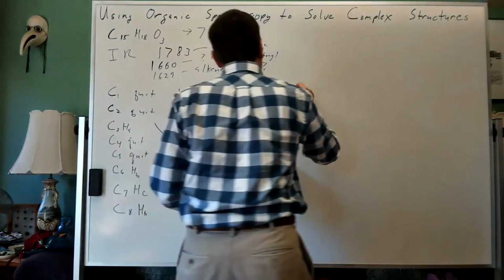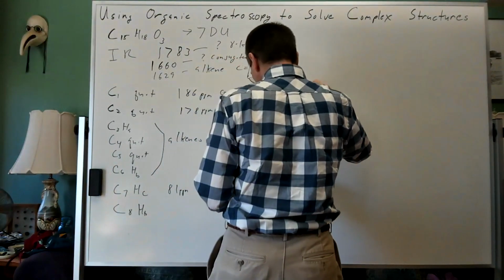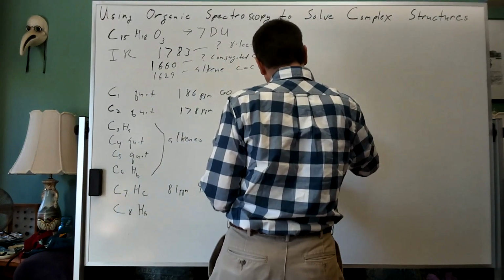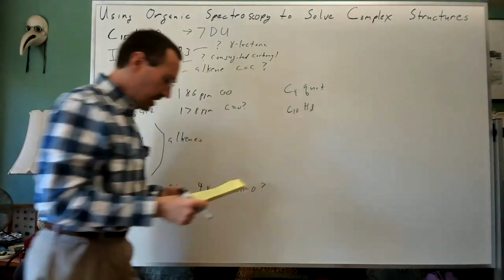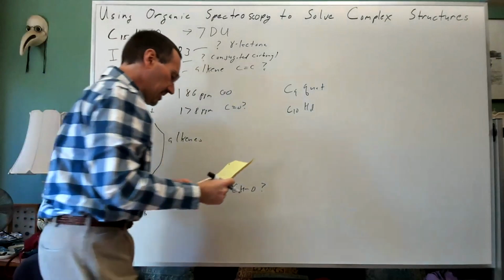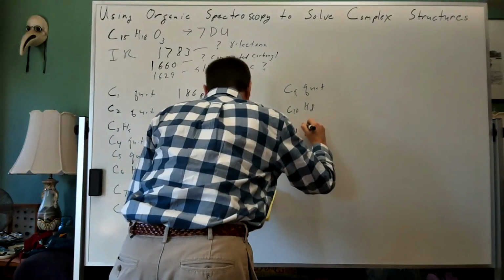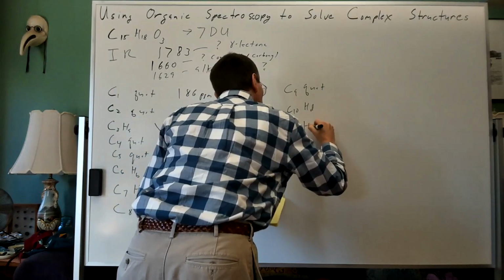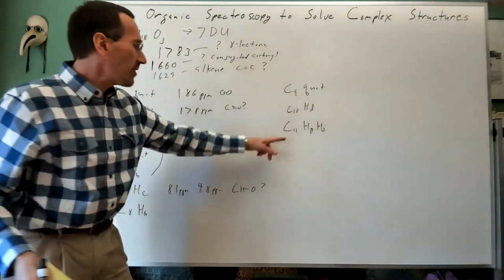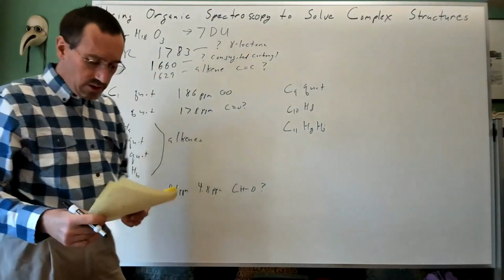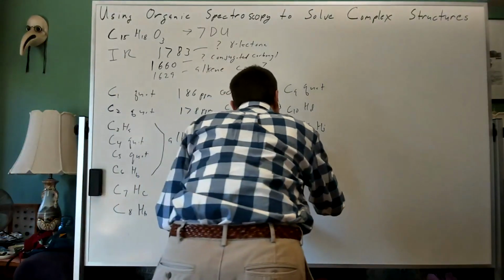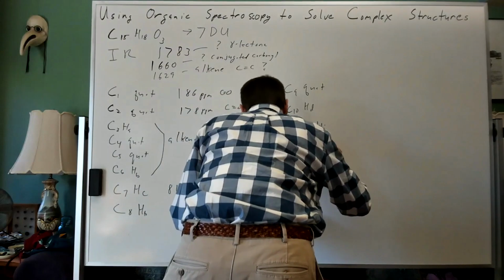Let's see, continuing, C9 is a quat. C10 is connected to HD. C11 is one of our methylenes. So C11 gets 2 diastereotopic protons, C11 HG and HJ. That means we're going to get a lot of information off of these in the COSY if they're crossed with others. C12 is a methyl group, C12 H3K.